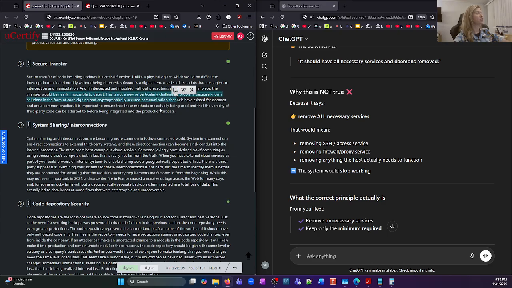This is not a new, particularly challenging problem, because known solutions in the form of code signing and cryptographically secured communication channels have existed for decades and are common practice. It is important to ensure that these methods are actually being used and the veracity of third-party code can be attested to before being integrated into the production process.